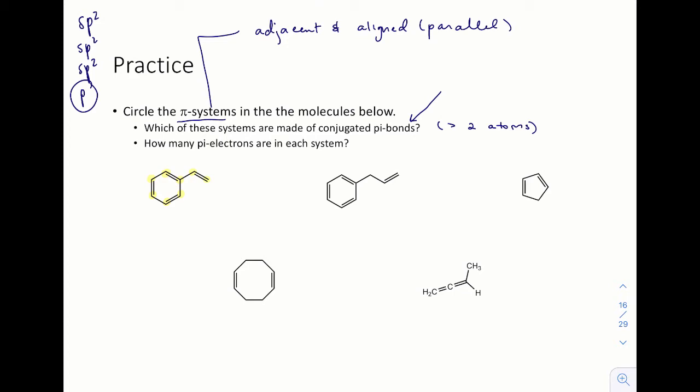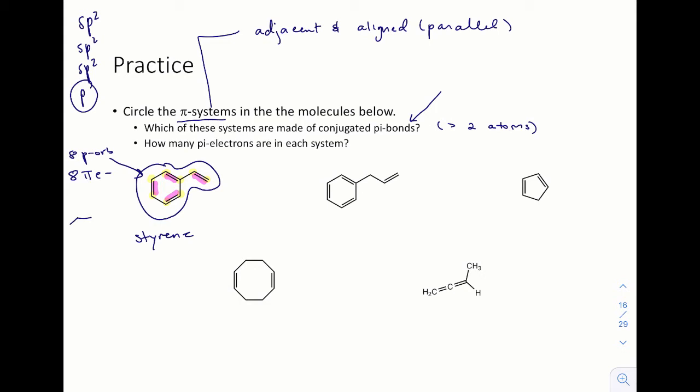But we can look for adjacent pi bonds or adjacent sp2 hybridized carbons. So in this first molecule, which is called styrene, there are 8 p orbitals, counting those 8 highlighted atoms, 8 p orbitals in the conjugated pi system, and 2, 4, 6, 8 electrons in that system.